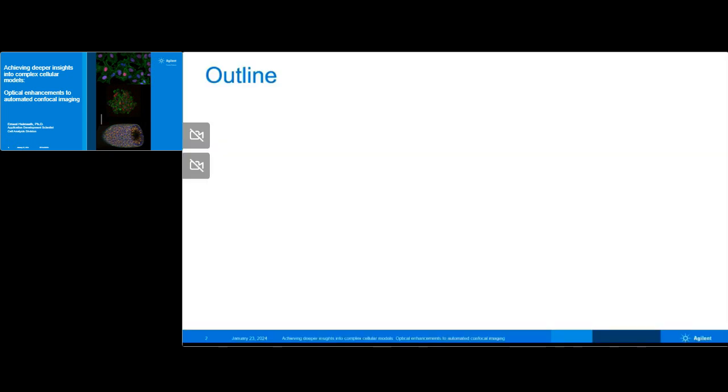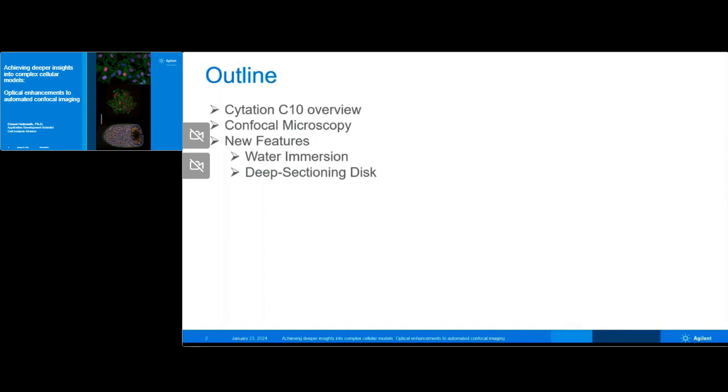To start, I'd like to provide just an outline of the topics I'll be discussing today. The first is a general overview of the Cytation C10. I'll then describe some of the fundamental concepts of confocal microscopy, as well as give an introduction to the new features that were launched with the Cytation C10, which are water immersion and deep sectioning disk.